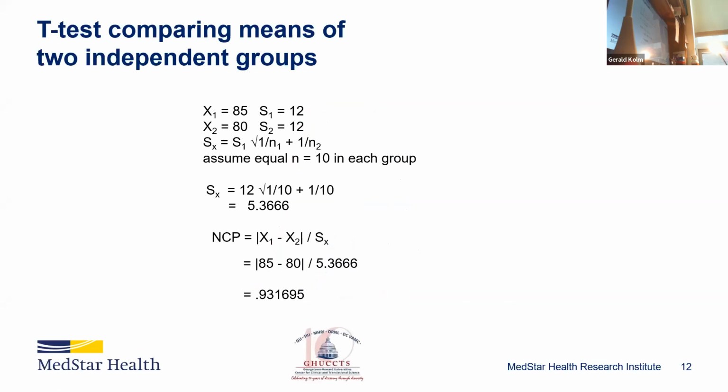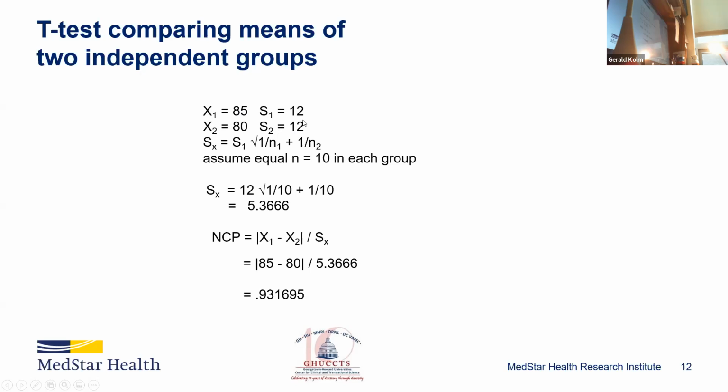So let me give an example of how this would work if we actually knew the true situation in the population. I have just two groups doing a 2-sample t-test here. X1 and X2 are the means of my 2 samples.